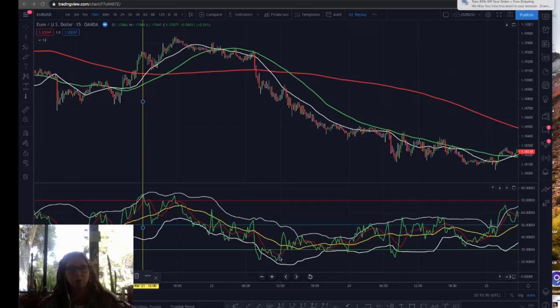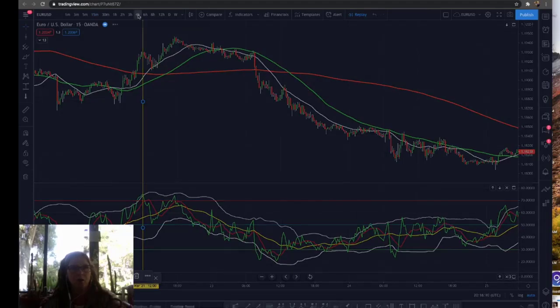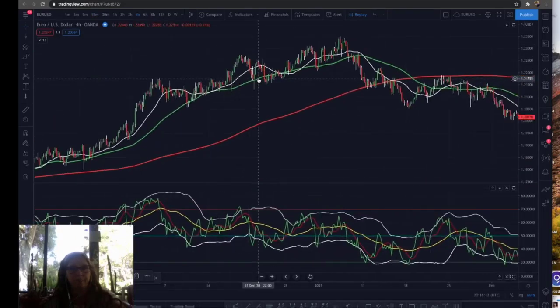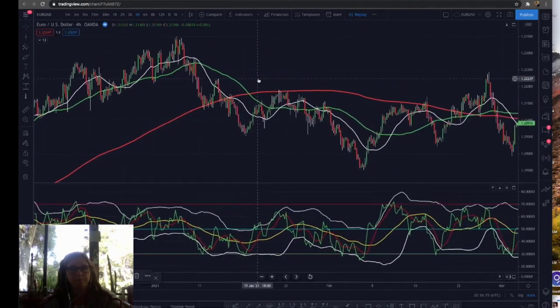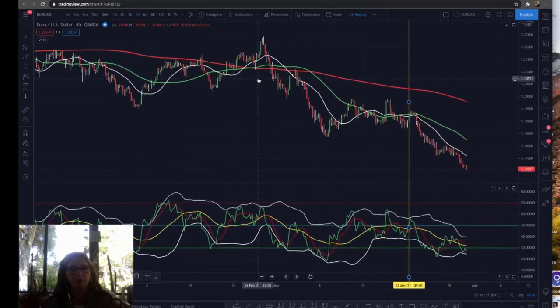So the number 1 rule is go out to the 4-hour and identify the trend. So here on Euro US dollar, we go out to the 4-hour. And obviously right now, the trend is to the downside.